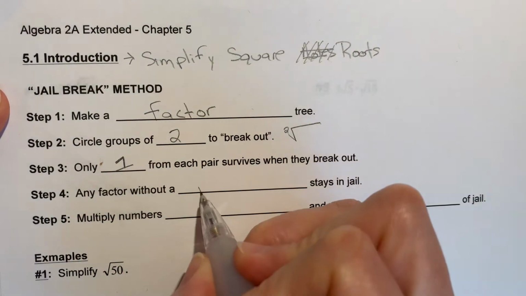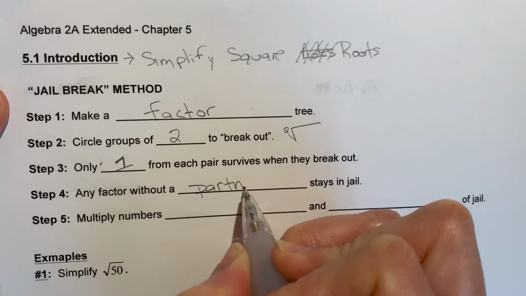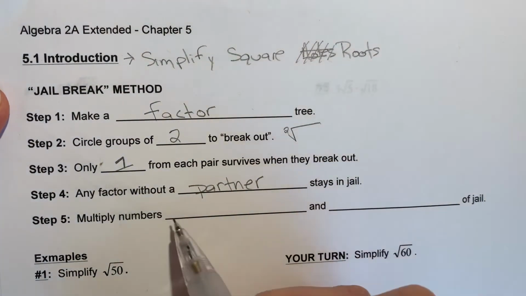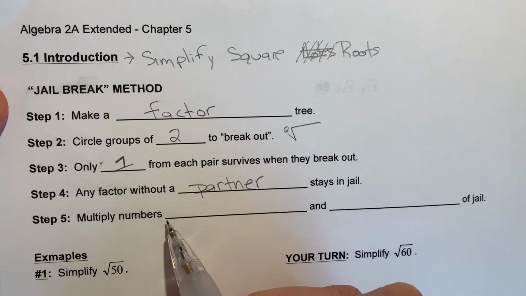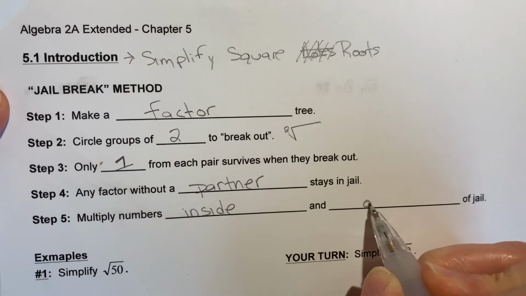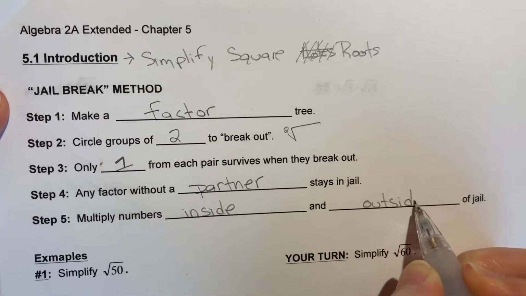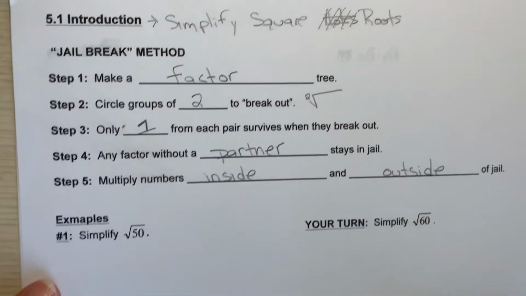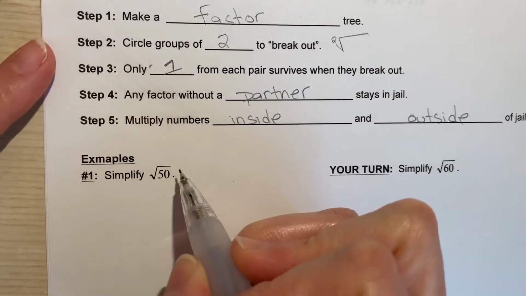Any factor without a partner, anybody that doesn't have a group of 2, stays in jail, and any numbers inside and outside of the jail, you multiply. The jail is the square root.